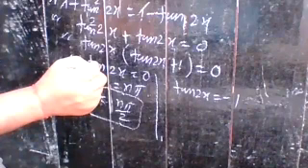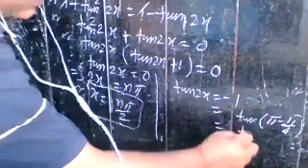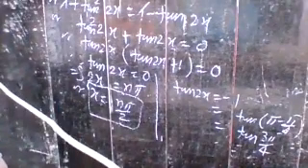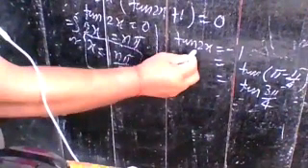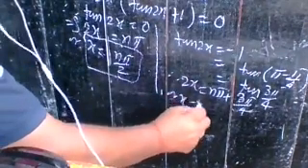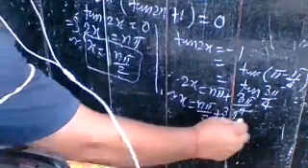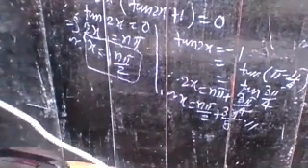So you can write tan of pi minus pi by 4, which is tan 3 pi by 4. And here you have the form tan 2x is equal to tan 3 pi by 4. So 2x is equal to n pi plus alpha, means 3 pi by 4, or x is equal to n pi by 2 plus 3 pi by 8. You write it in this way.